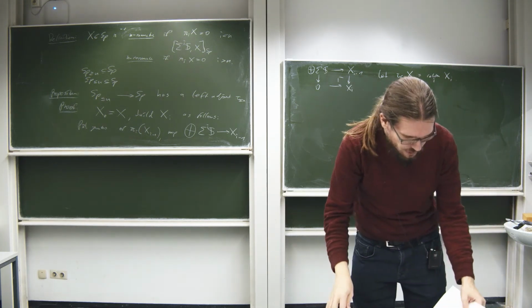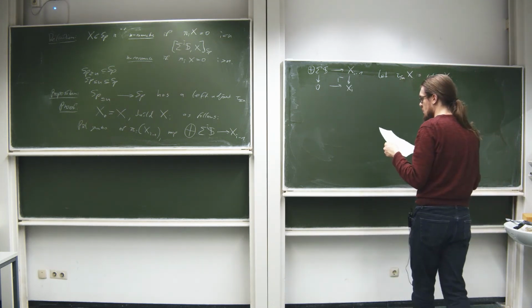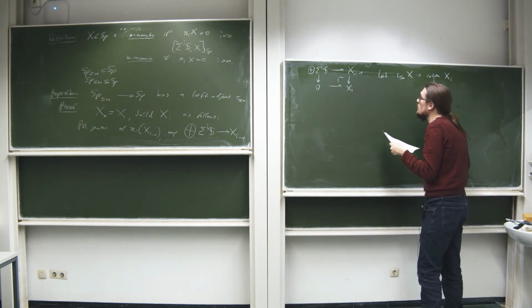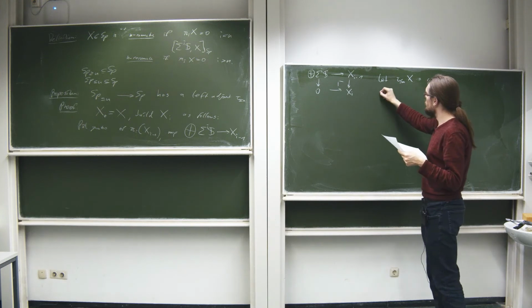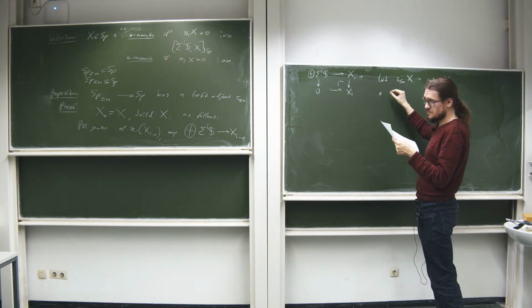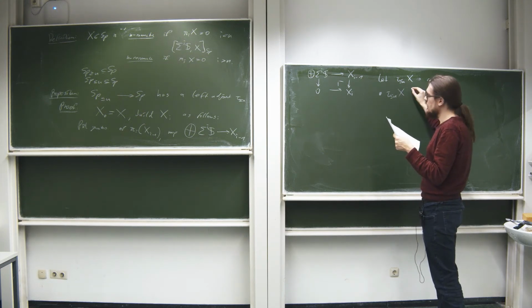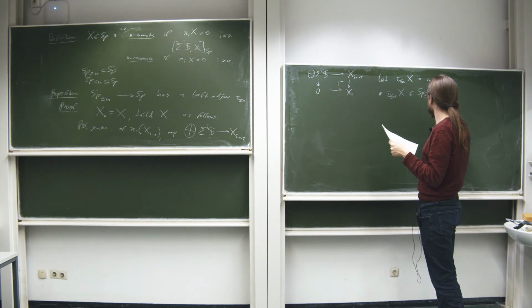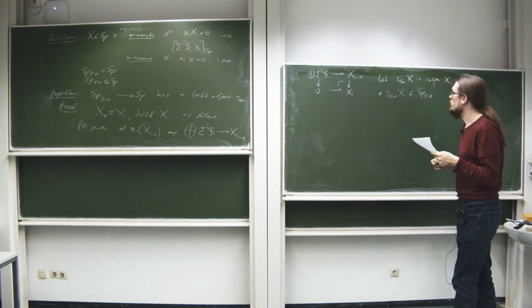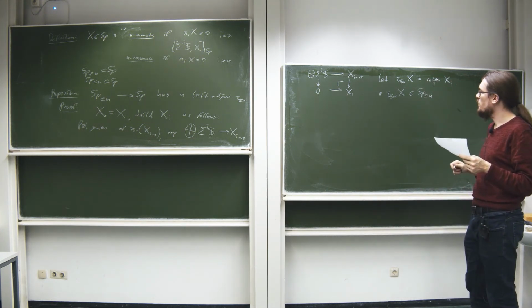And what does that do for us? Well, actually three things. First of all, tau smaller or equal n X lies in the n-coconnective spectra.